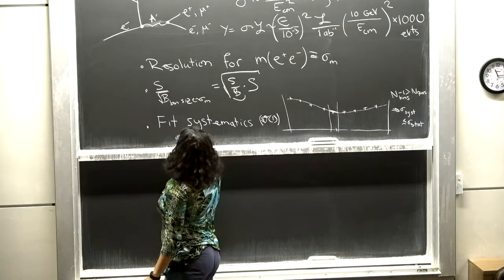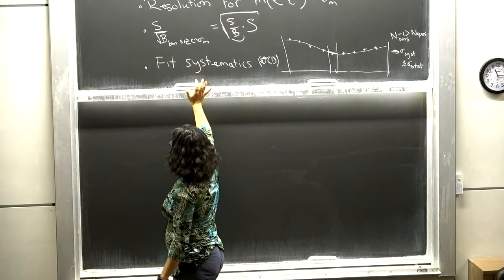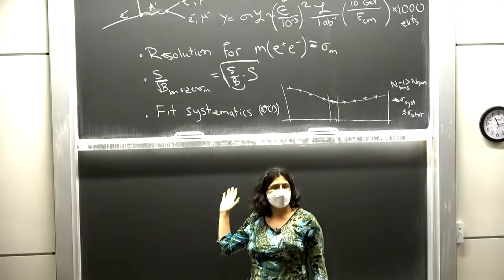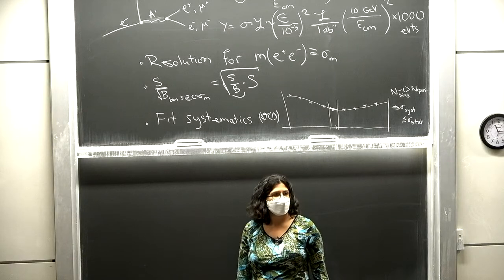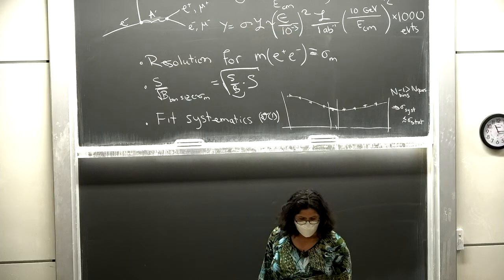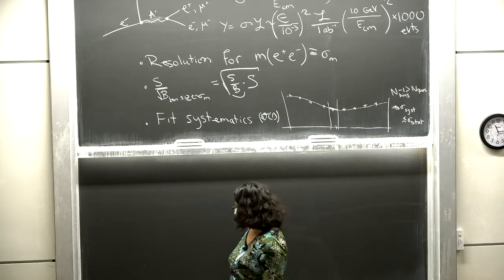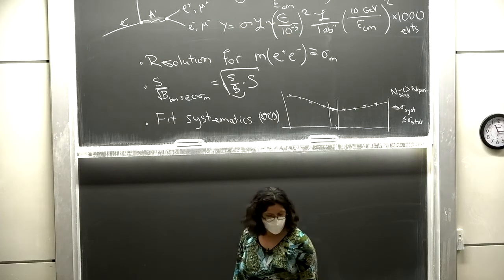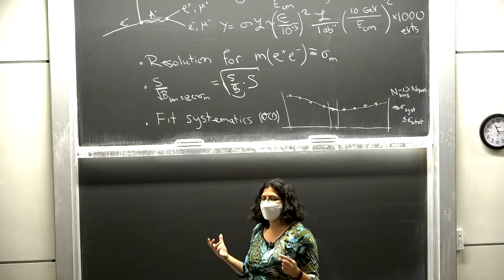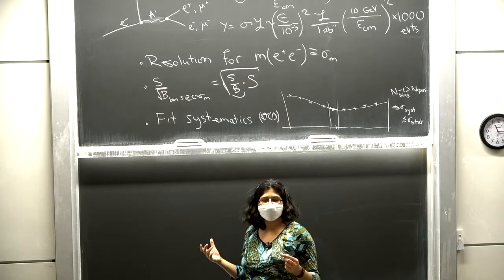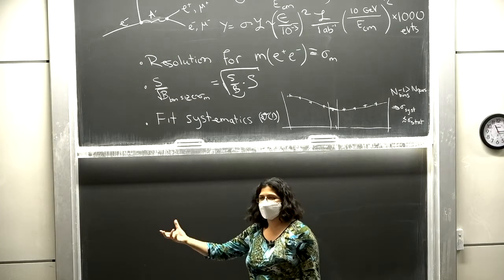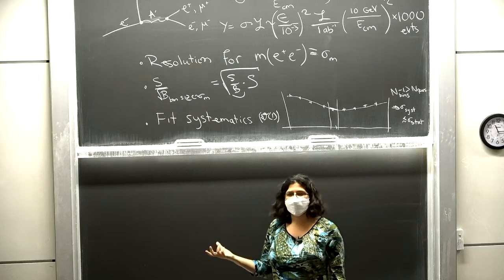So I wanted to try to give a little bit of intuition. Any questions first before I move on to resolution? OK. So I wanted to try to give a little bit of intuition about where the mass resolution of detectors comes from, because it's often presented as, experiments work really hard to optimize their mass resolution, and then they plot that resolution in a paper.